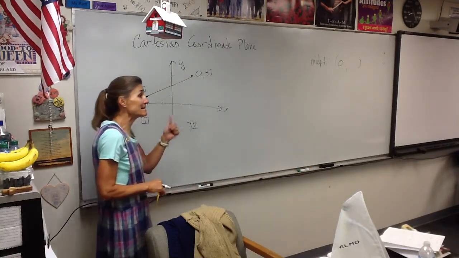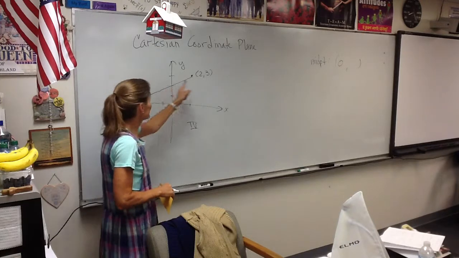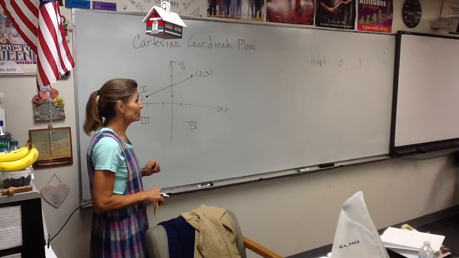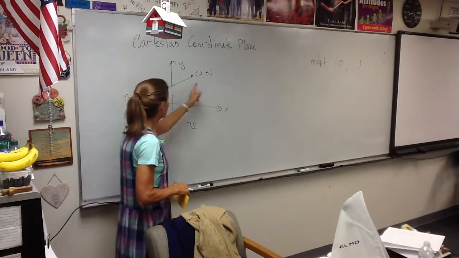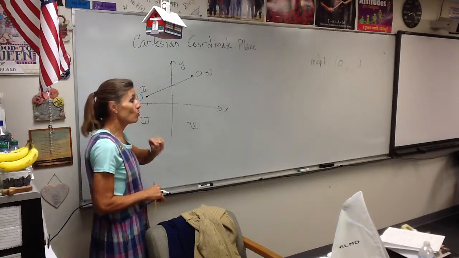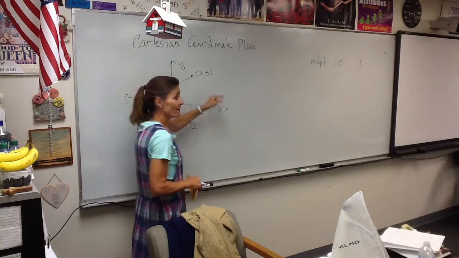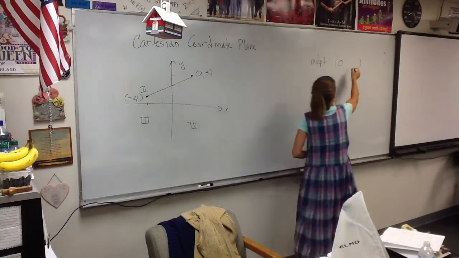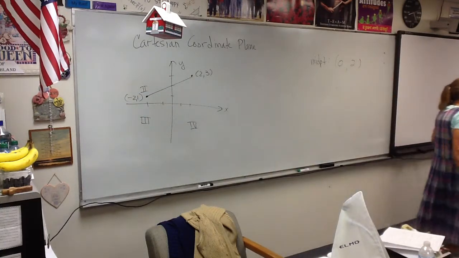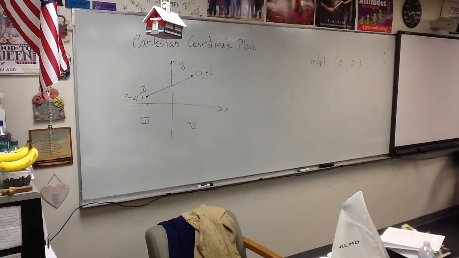We are adding the x's and dividing by 2. Now I'm going to average the y's. 1 plus 3 is 4, divided by 2 is 2. So one more time, how do I find the midpoint? I add them and divide by 2. I average them.